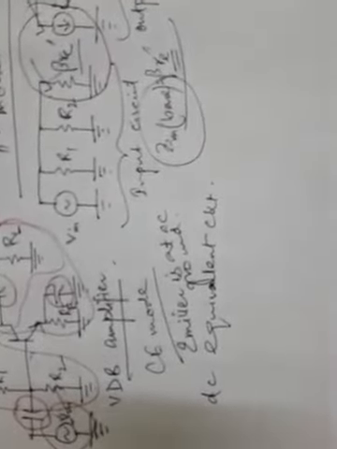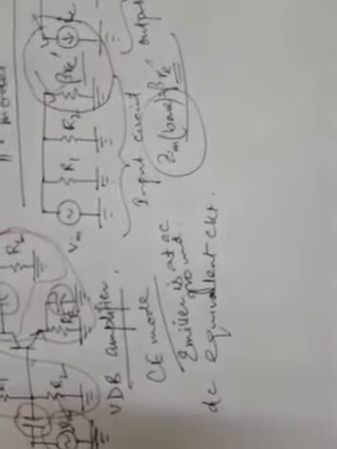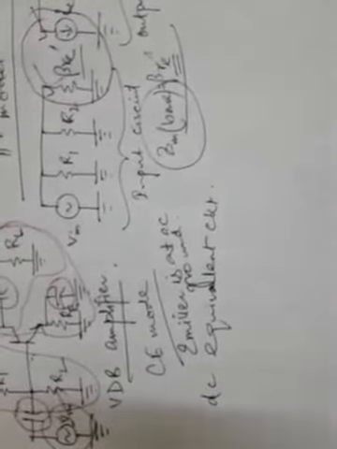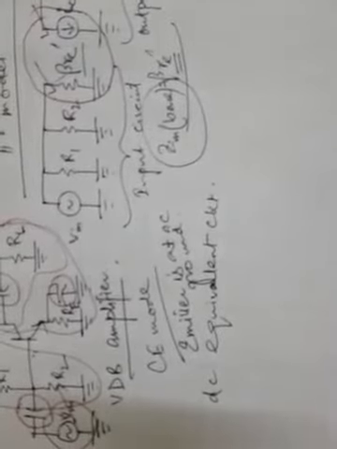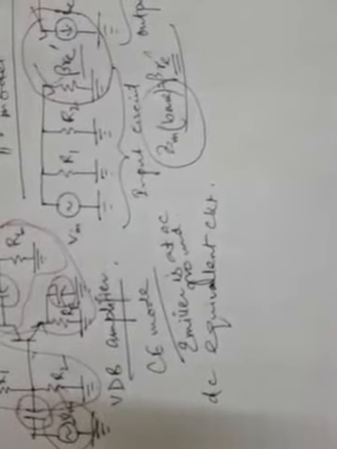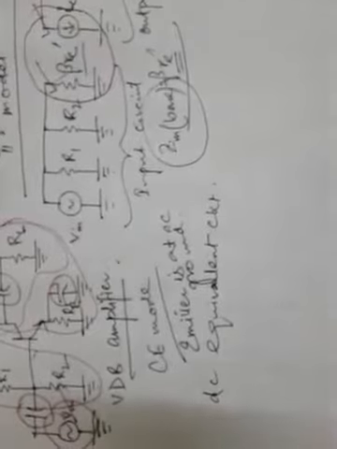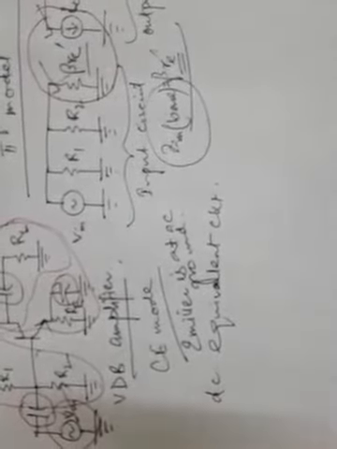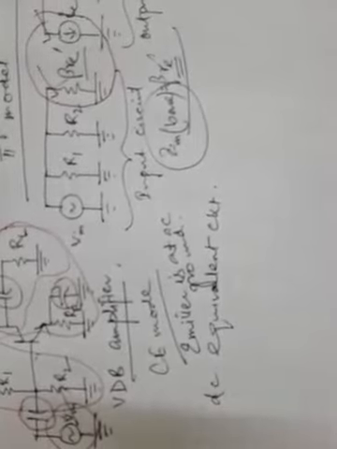DC equivalent circuit means no AC source will be present in the circuit, and all the capacitors should act as open circuits. From there you can calculate the Q point and everything, and also the stability factor. So the DC equivalent circuit is the first step for analysis of a transistor amplifier.